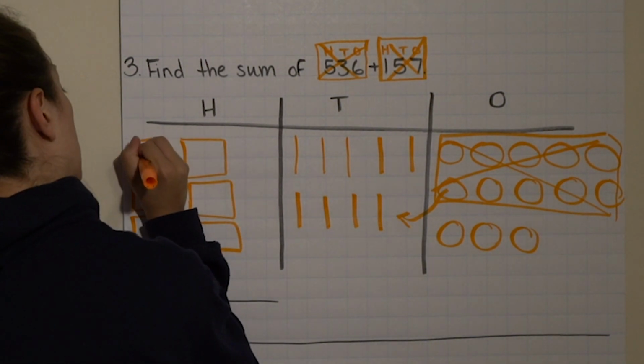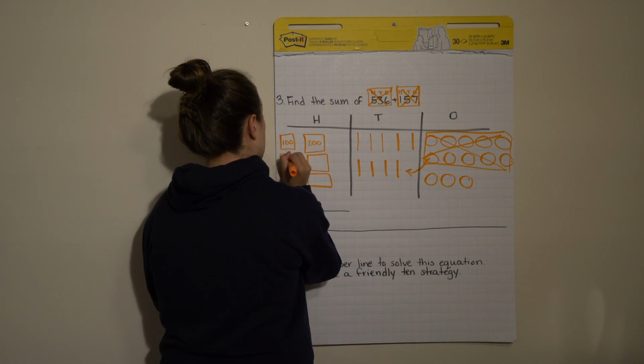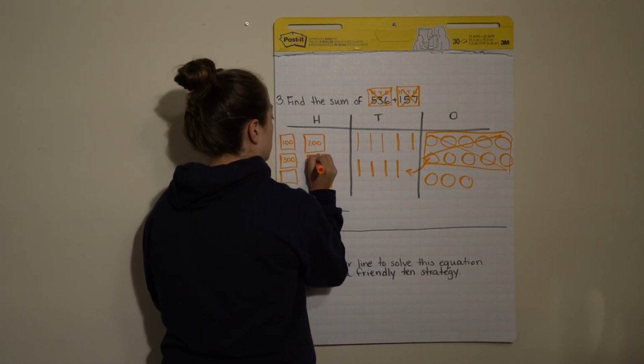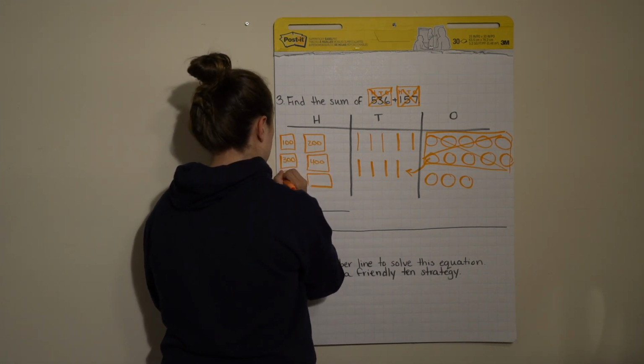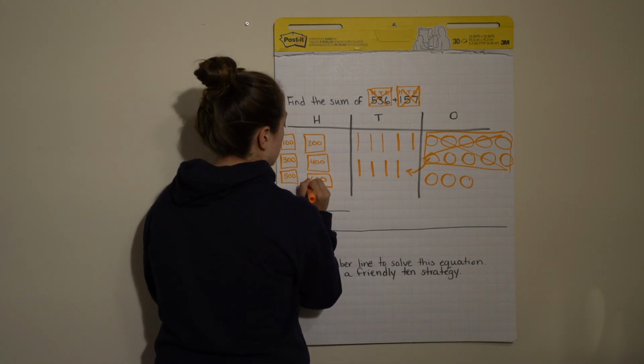Okay, so I have 100, 200, 300, 400, 500, 600.